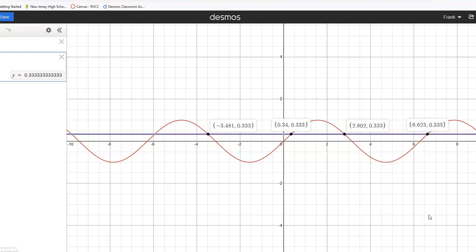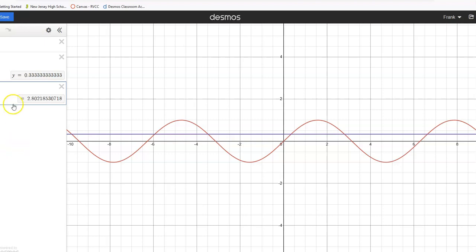So it looks like the two curves are going to intersect a lot. They're going to keep going and intersecting repeatedly. So perhaps there's a way that I can write my answer that encompasses all the possible values. Let's take a look at that -3.481. Suppose I took -3.481 and added 2 pi, because I remember that every 2 pi, the function repeats.